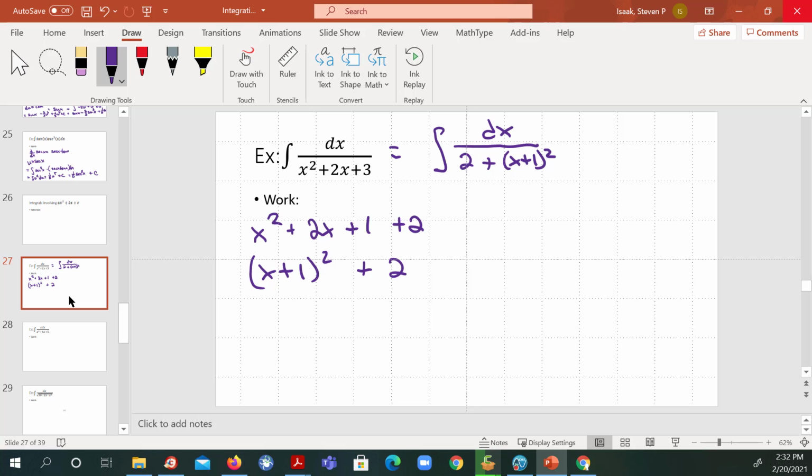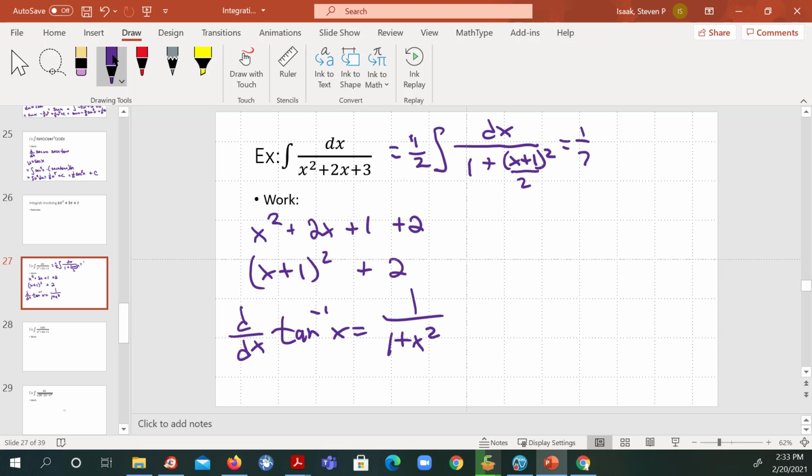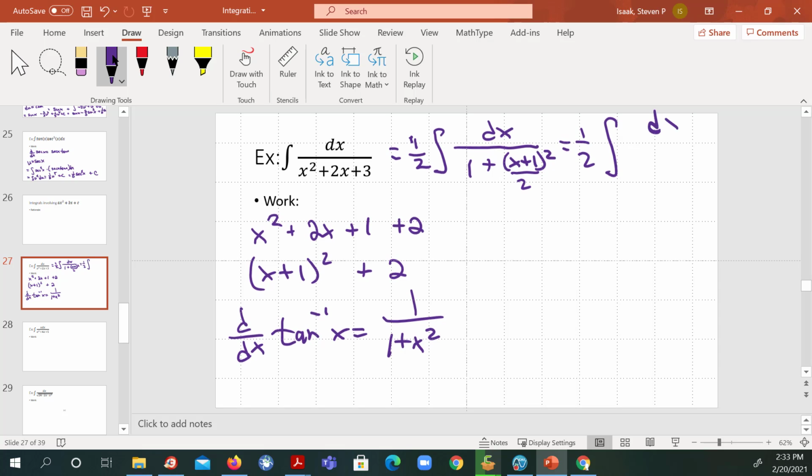Now, I'm beginning to think this is arctangent because if you remember, and I'm worried that I don't have enough room. So the first thing I'm going to do is come over here and factor a 1/2 out. Then I'm going to bring that 2 within the square, so this is x plus 1 over root 2.